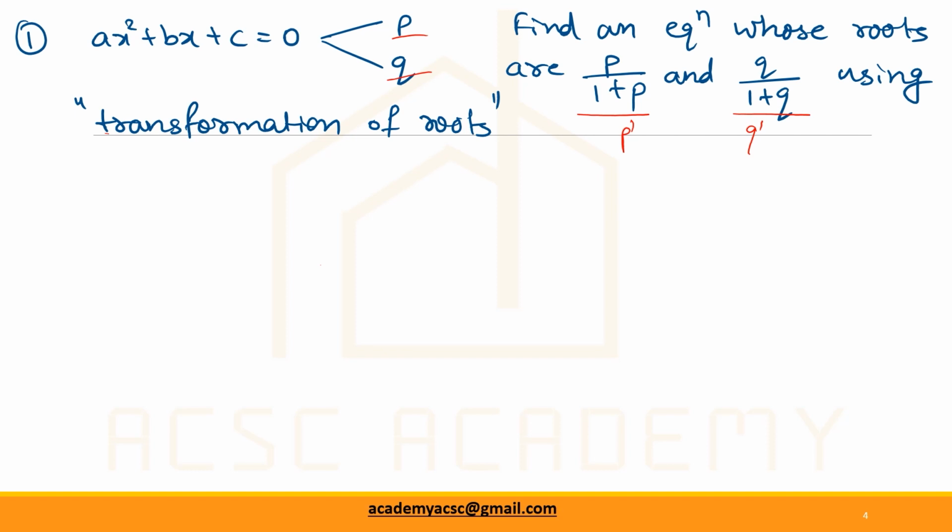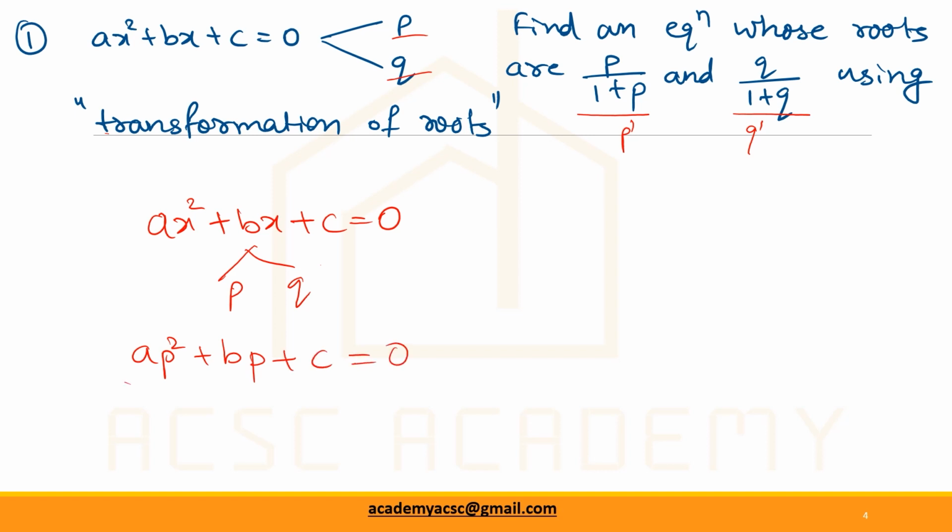Here we have our original quadratic q1 as ax squared plus bx plus c equal to 0. Now p and q are its roots, which means if I substitute p in place of x, it should satisfy the equation. What I mean is ap squared plus bp plus c equal to 0 will also hold true, right? Okay, now using this, let us come to the new roots.